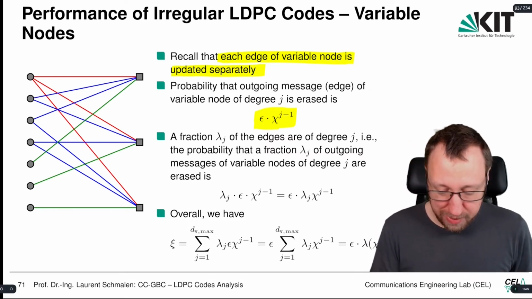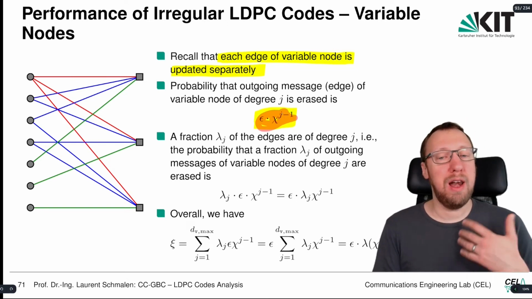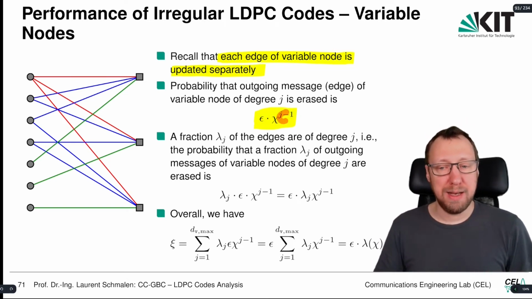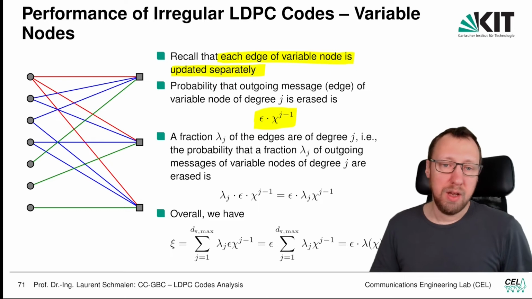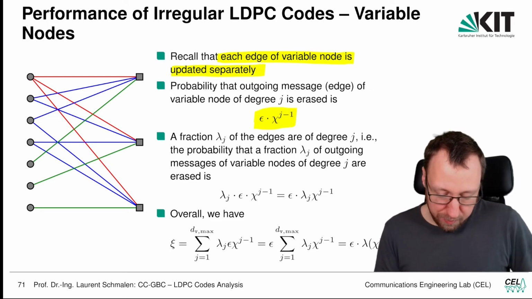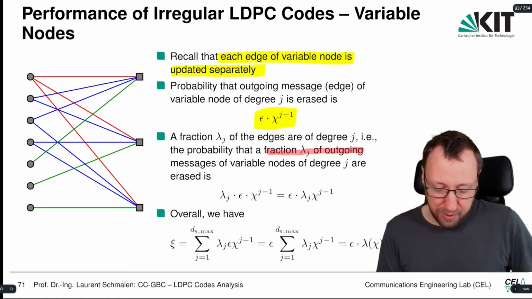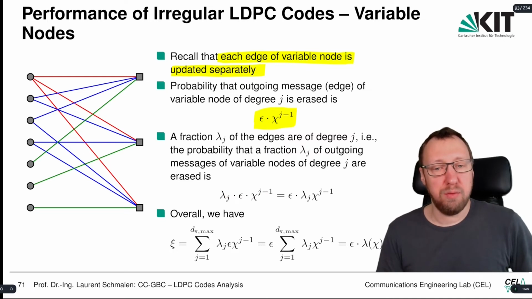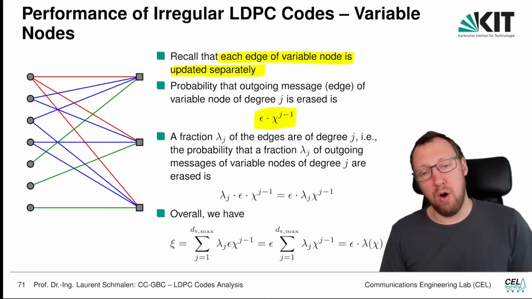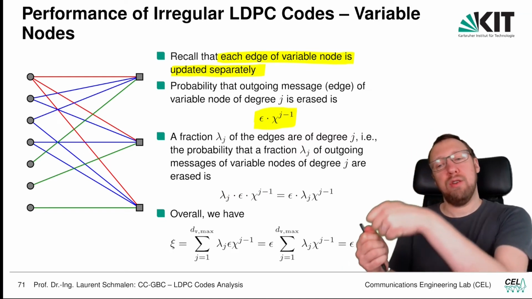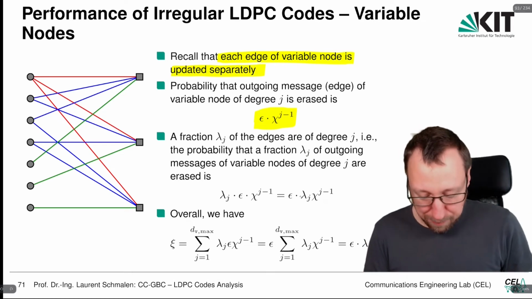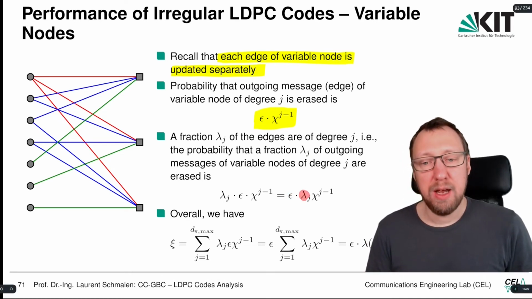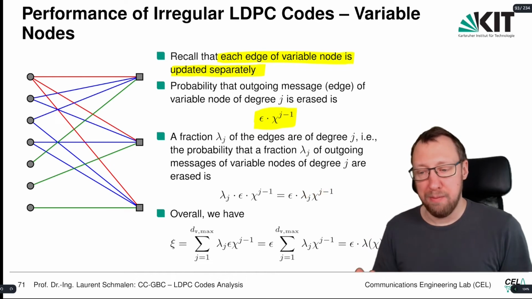So this is the probability for the messages of degree j, and we have a fraction of lambda j times those messages. So the probability that the outgoing messages are erased and of degree j is lambda j times epsilon times chi to the power j minus 1, or we take everything that does not depend on j and put it in front. So it's epsilon times lambda j times chi to the power j minus 1.